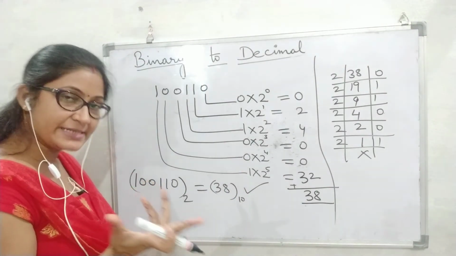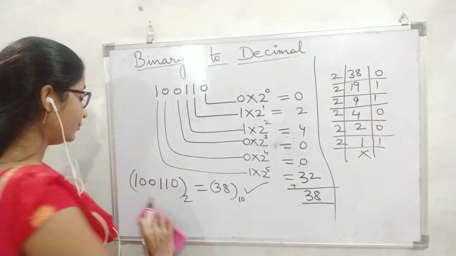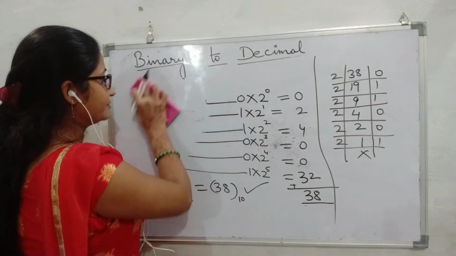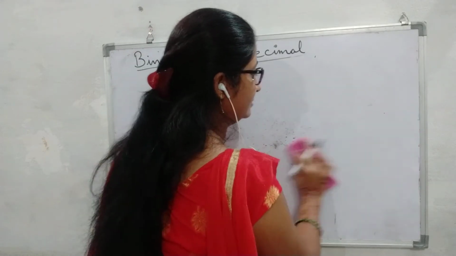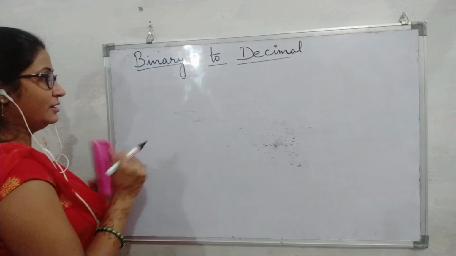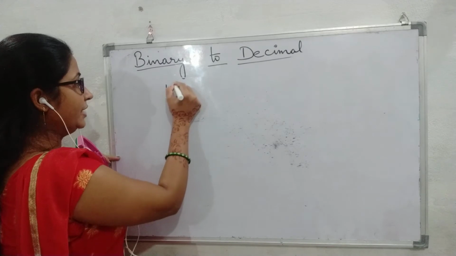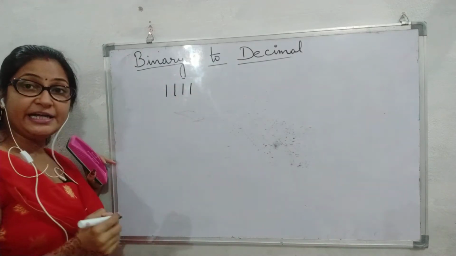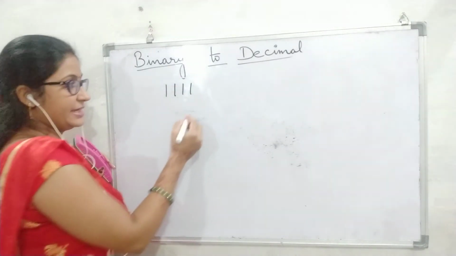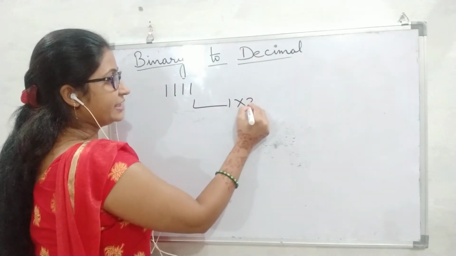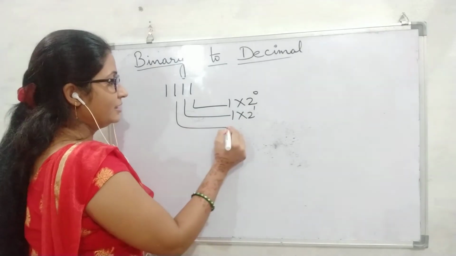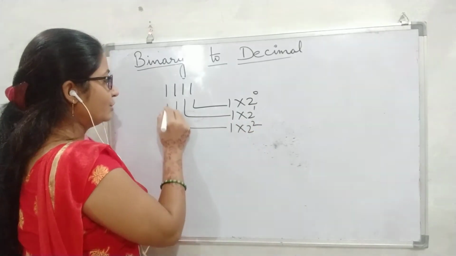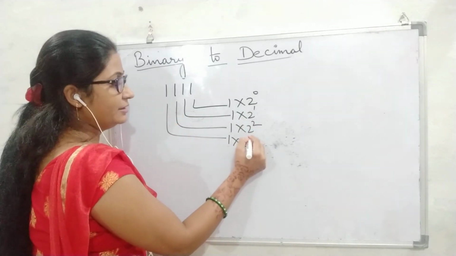Let's take one more example so that the concept is clear to you. I have taken 4 ones this time. Again the same thing. 1 to be multiplied by 2 to the power 0, then 1 into 2 to the power 1, 1 into 2 to the power 2, and 1 into 2 to the power 3.